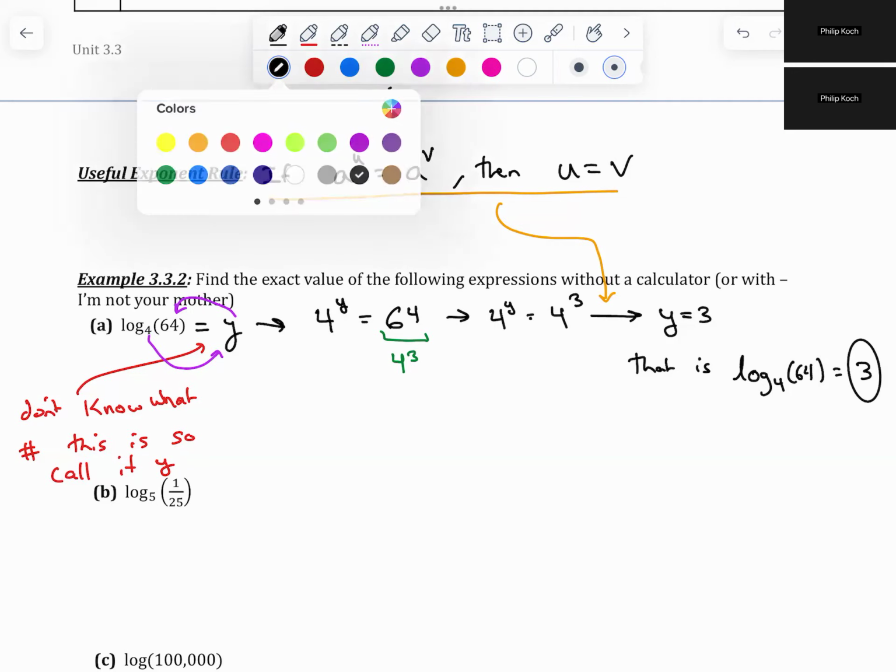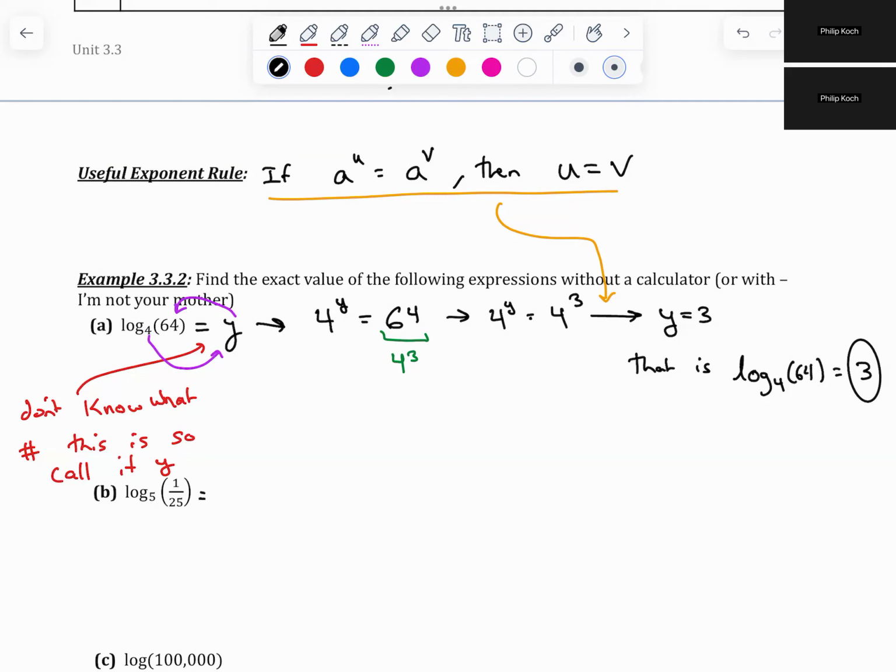So this time, let's call it, what letter do you guys want? Capital Q. So start with the base, work your way across the equal sign and then back over. We have 5 to the q equals 1/25.